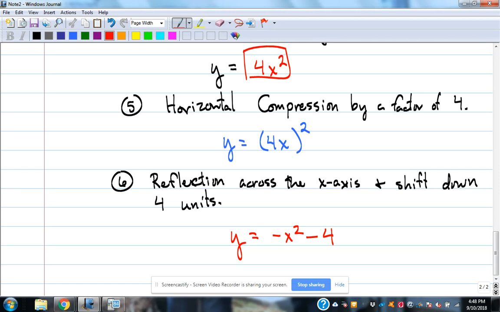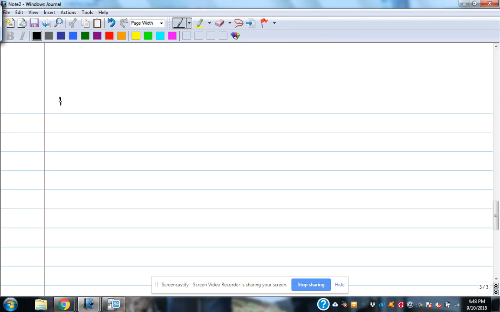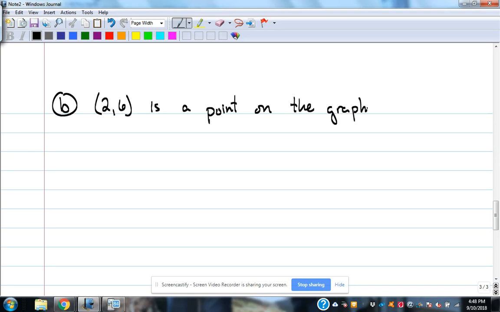If it was left or right, depending on if it is left or right. Okay. All right. Let's do one of these. Example B. (2, 6) is a point on the graph f of x.